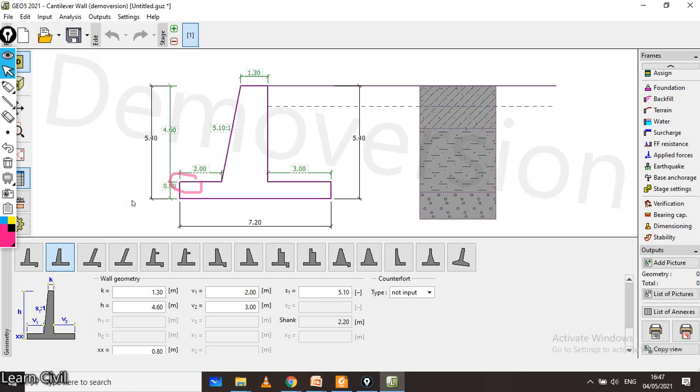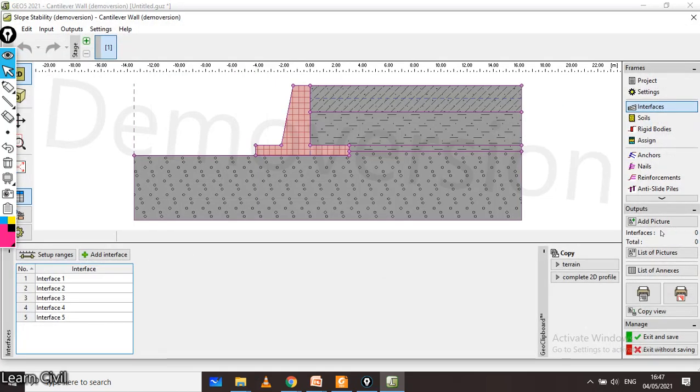I am increasing the slab thickness only. So I increase the slab thickness from 0.6 to 0.8 meter. Let us go for stability analysis again.